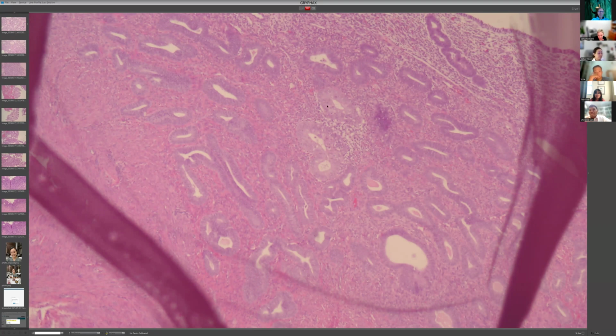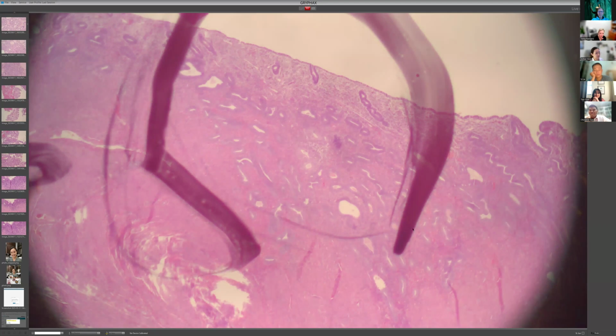So these two glands, even in this power, look a little lighter, with little larger nuclei compared to here, right? It stands out. So this would be atypical hyperplasia because of the cytologic change compared to the surrounding. Yeah. Does that make sense?